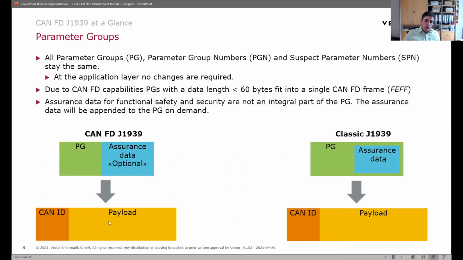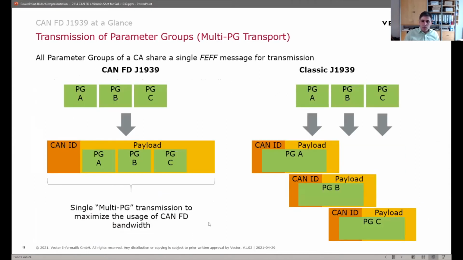And the best thing is we can pack multiple of those parameter groups inside the payload. So typically the intention here is that we fill up the payload until 64 bytes of the CAN frame are full. So that guarantees the best efficiency on the network, and then we can fire this CAN frame and utilize the complete bandwidth of the network.